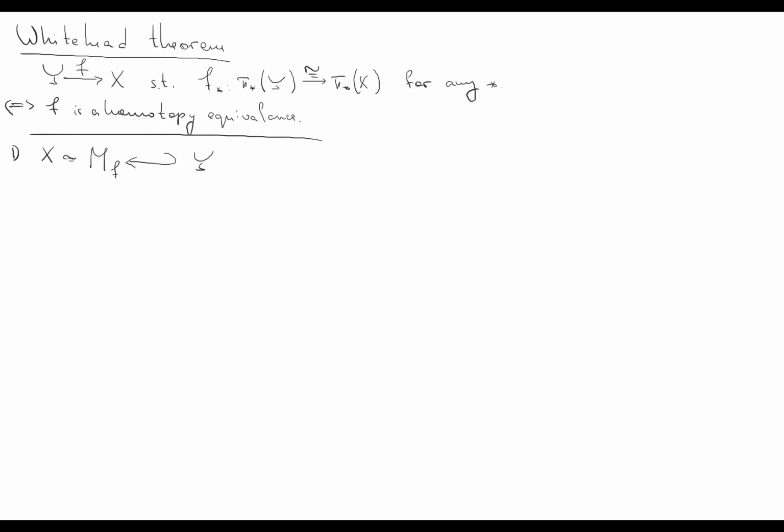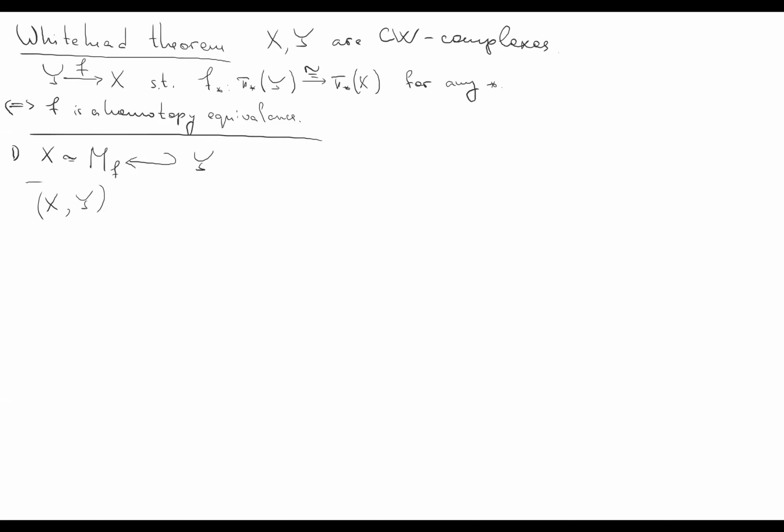Of course X and Y are CW complexes. Taking X to be the cylinder of this map, we can assume that Y is a subcomplex of X. Therefore, we have the following modification.